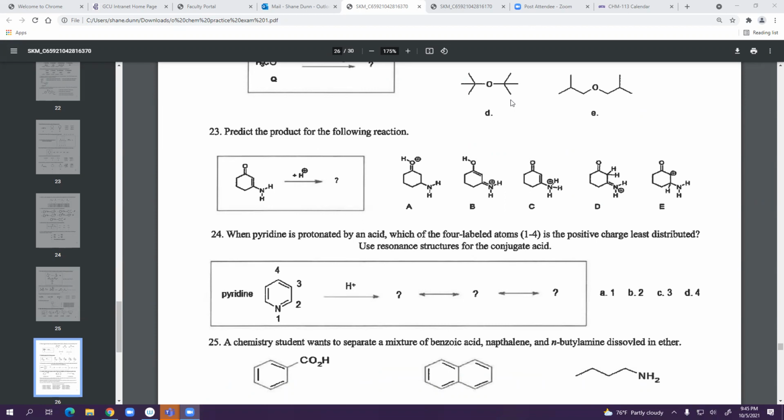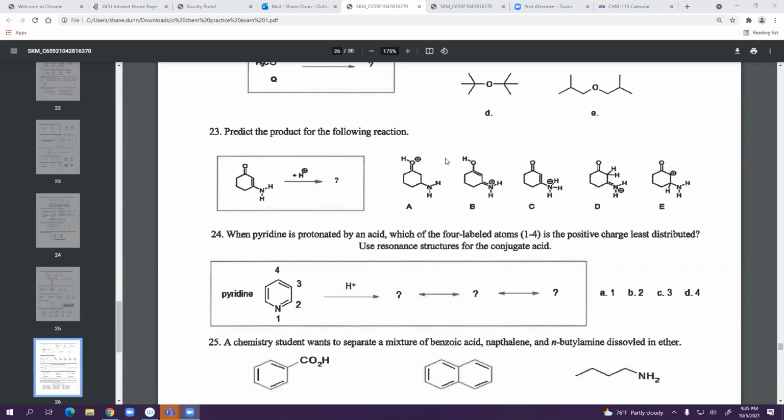Where is the hydrogen going to go? Towards the nitrogen or towards the oxygen? But why would it go towards the oxygen? There we go. So which makes an alcohol group?